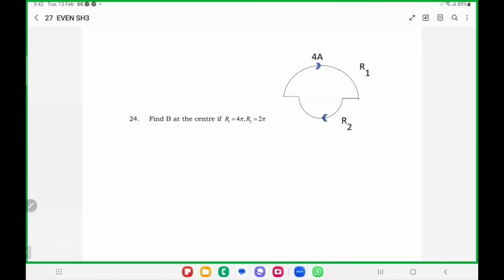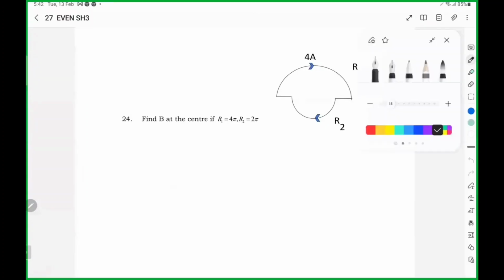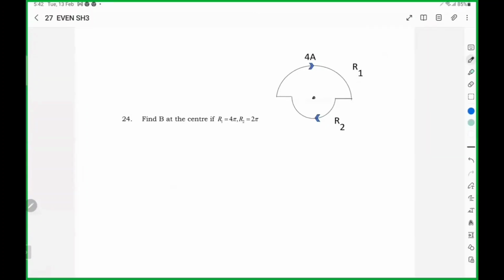Here, note the magnetic field at the center. Current is flowing in this wire in clockwise direction.